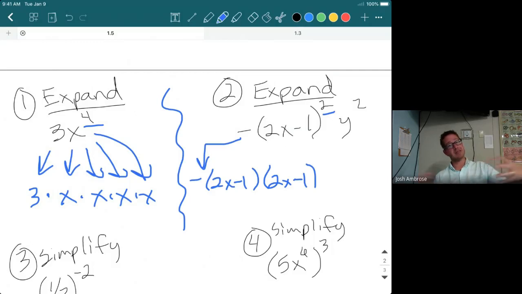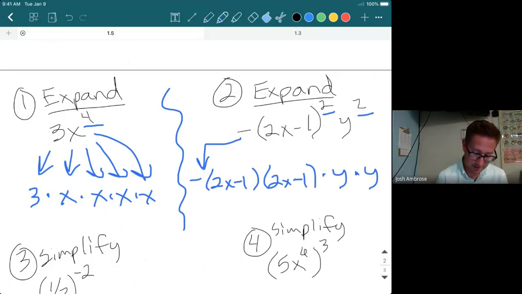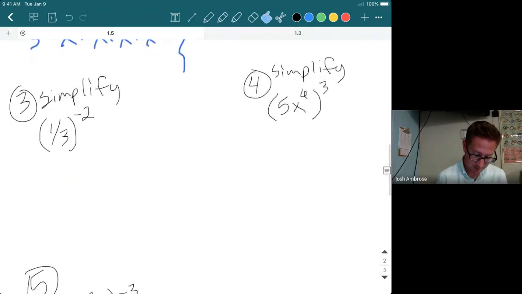But if we want to expand that, you're going to have 2 y's, so times y times y. Okay. So that's all you are going to need to do. You don't have to do anything more with the parentheses because it says this whole thing is brought to the 2nd power. Okay, so that's how you would expand that. Make sure that you don't forget that negative sign out in front because that is still part of your answer.